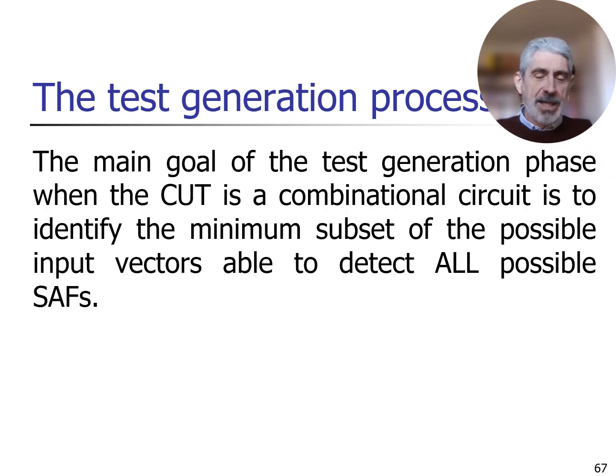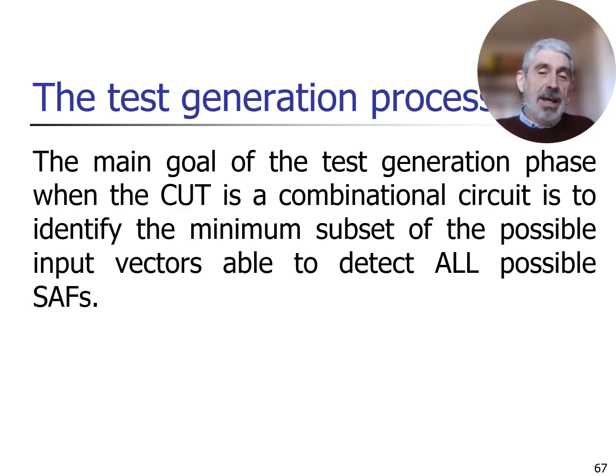And what we want is to minimize the number of test vectors we need to use, because in this way we can reduce the cost for testing. Reducing the duration of the test means reducing the cost for test. Why? Because of the high cost of the ATEs, the test equipment. Now, if a test equipment is so expensive, it will cost for buying it, but it will also cost for maintaining it.